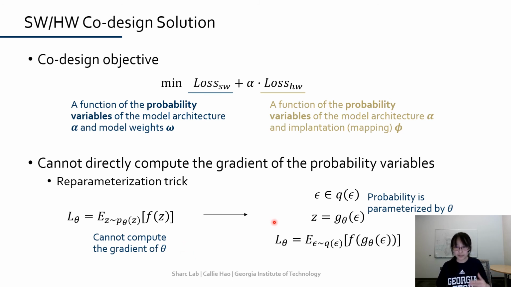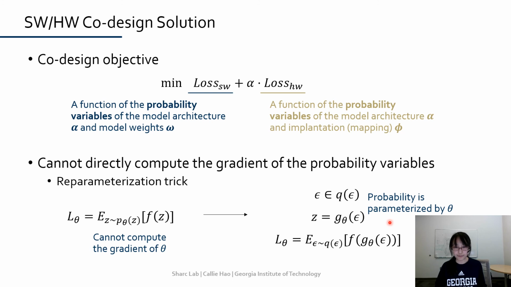Instead, we simply sample a random variable from an unparameterized distribution, for example, just a 0-1 uniform distribution, and we can transform this random variable through a transformation function. So it makes it look like we're sampling from the original distribution. The good thing about this transformation function is that it is parameterized by these probability variables.